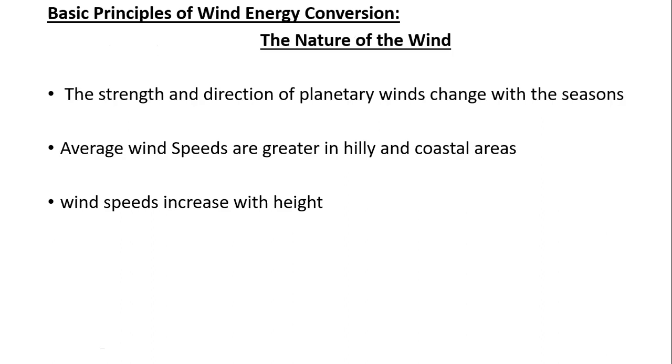So what is wind? Wind is the circulation of air in the atmosphere. This circulation is caused by non-uniform heating of the Earth's surface by the sun. On the land it is one type of heating, and on the surface of water it is another type of heating.